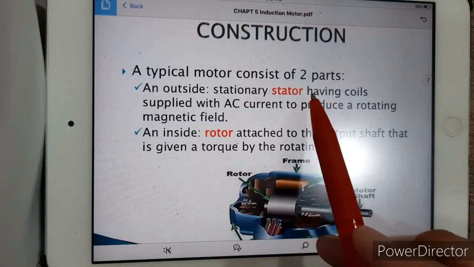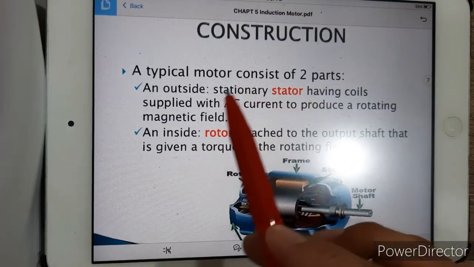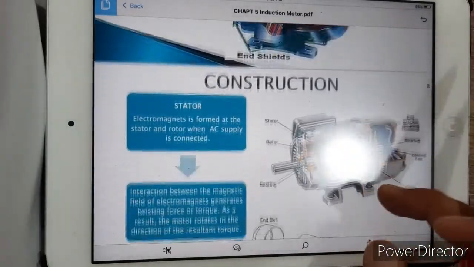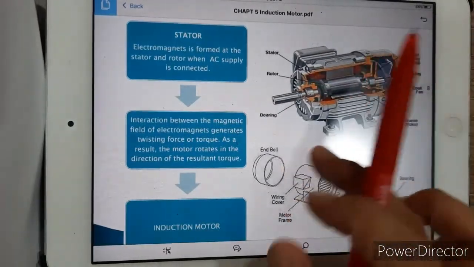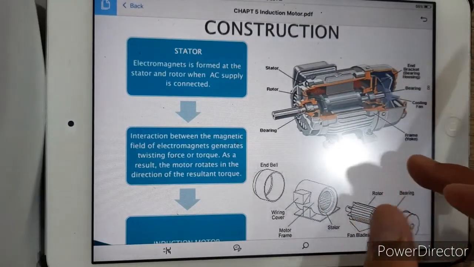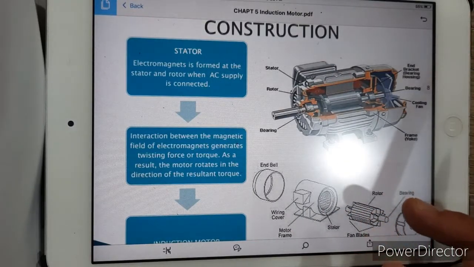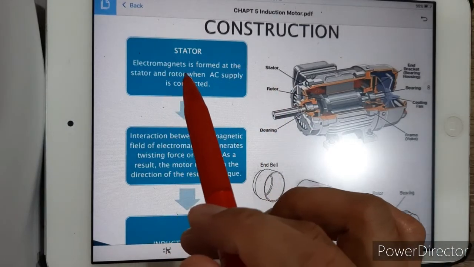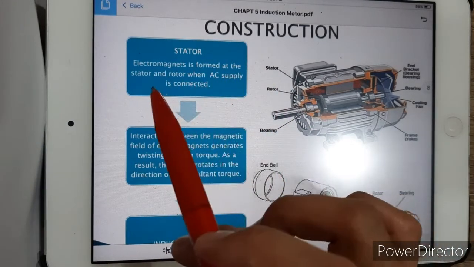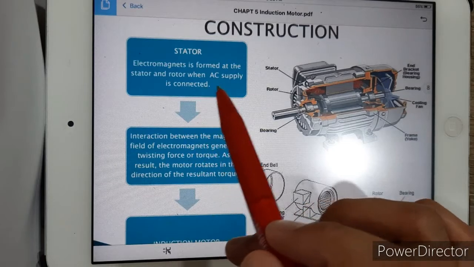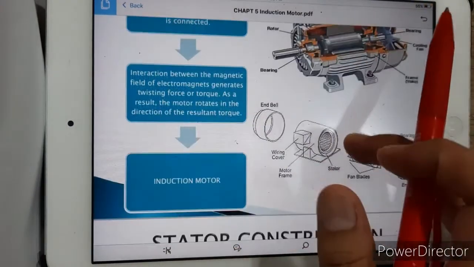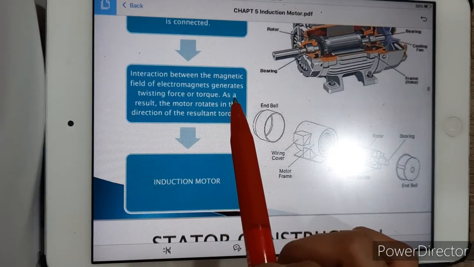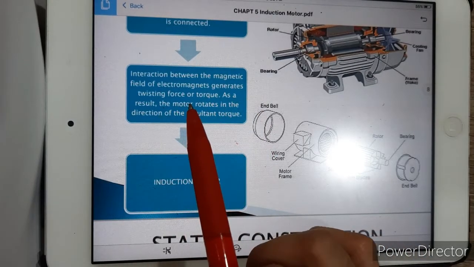In terms of construction, it is divided into stator and rotor. The stator is the static or stationary part, and the rotor is the rotating part. This is how the induction process happens. Electromagnets are formed at the stator and rotor when the AC supply is connected. The interaction between the magnetic fields of the electromagnets generates a twisting force, or torque.